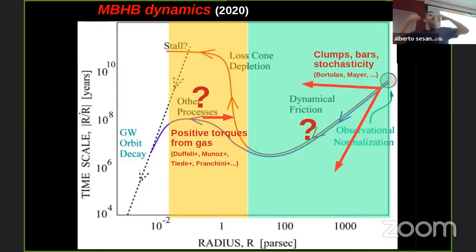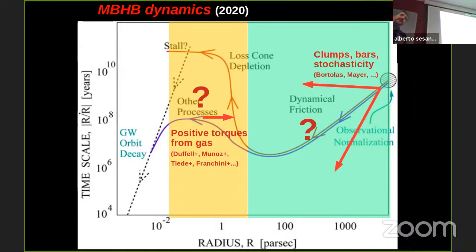So even if you have a stalling scenario, you don't suppress the signal completely. Those merging binaries are mostly going to be more eccentric because, of course, you can have Kozai-Lidov resonances, or they can merge because of chaotic interaction, and at some point two black holes come very close to each other, capture very eccentric orbits, and then quickly merge.